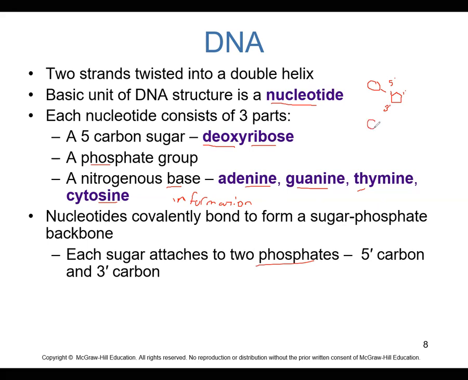So then there would be another phosphate here going to another sugar. So here's the 5', there's the 3'. So it would bond this way, and it bonds to this 5 carbon here. And then off of this 1' is the base. Depending upon what type of base it is, it depends on the shape. I'm going to put thymine in there since we're talking about DNA. But this is the basic structure of a nucleotide right there, and what they look like.